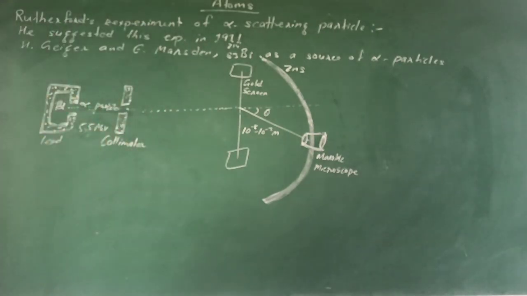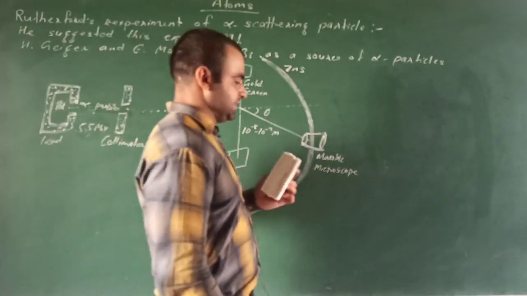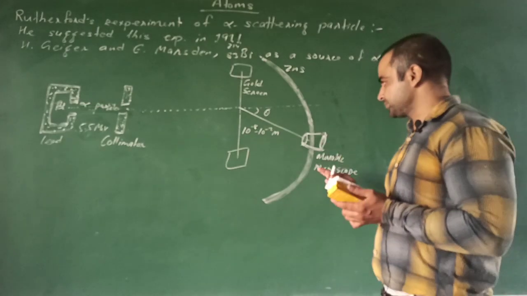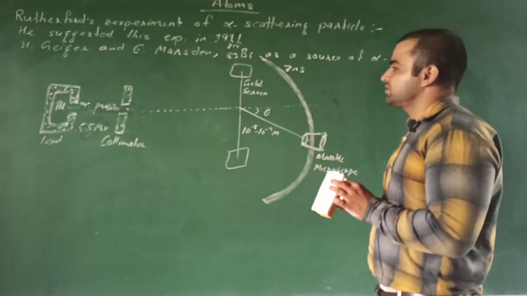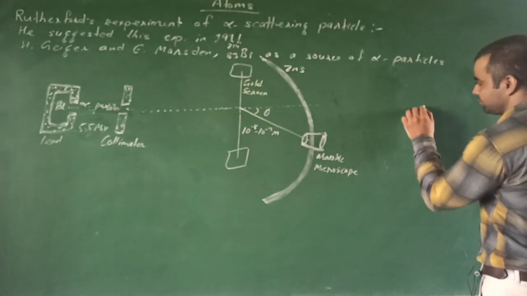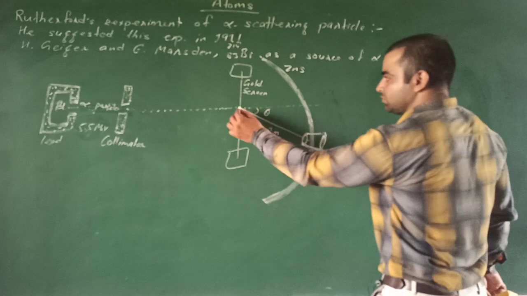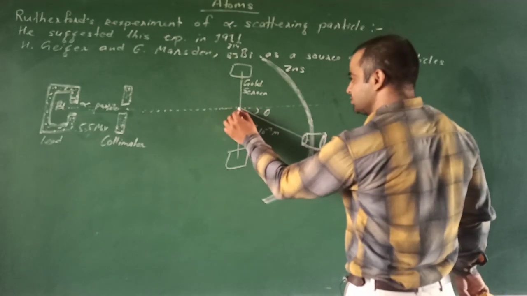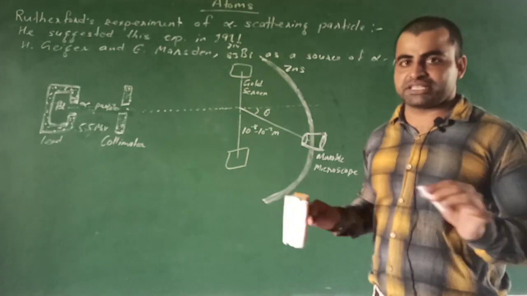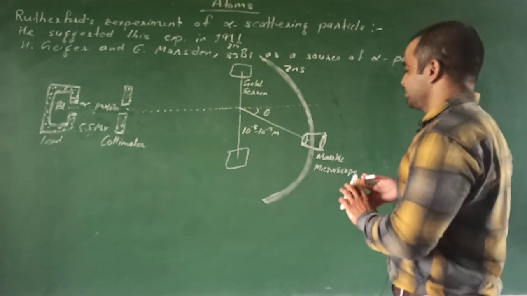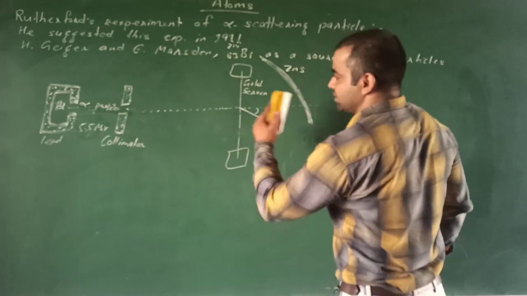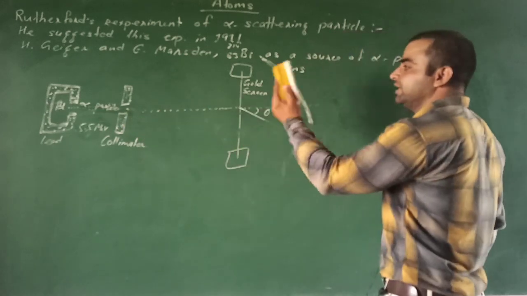What were the observations in this experiment? It was found that most of the alpha particles passed through the gold screen without any deflection.